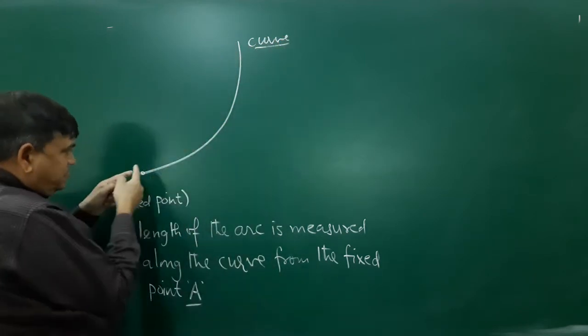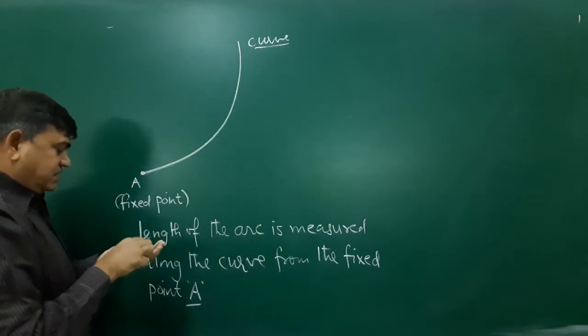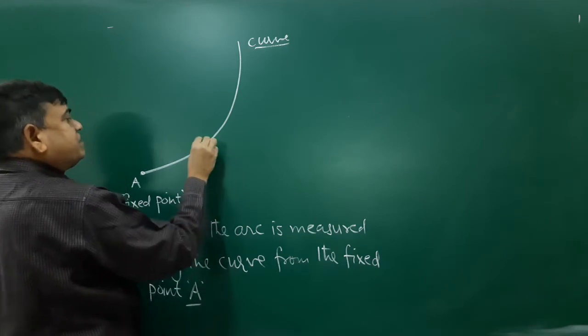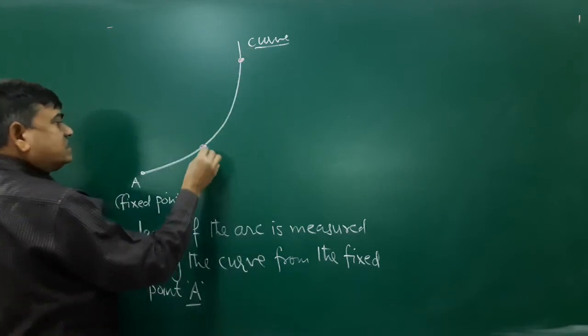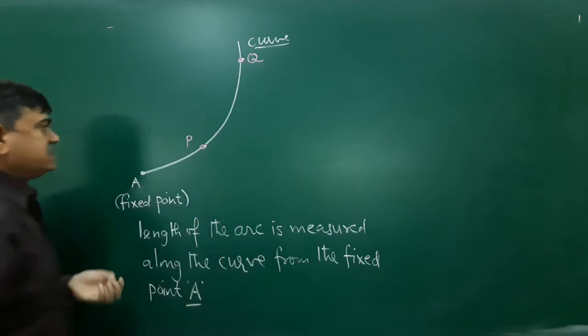इस कर्व की जो ये आर्क है इसकी लेंथ हम कहां से मेजर कर रहे हैं? A से. Suppose there are two adjacent points on the curve, that is PQ.